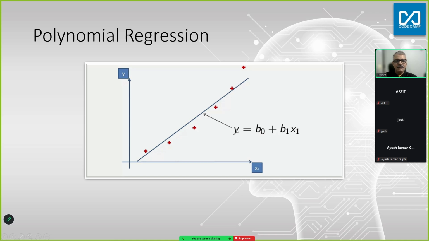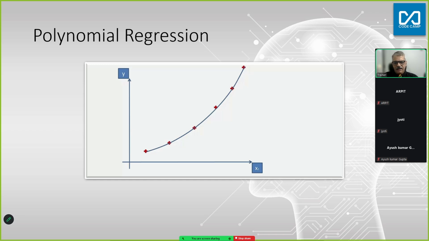If we use linear regression, y equals b0 plus b1 x1, the model will not predict accurately. The reason is there is a curved relationship. There is no linear relationship here, so simple linear regression doesn't fit quite well. How can we correct that? We can correct it by using polynomial regression.